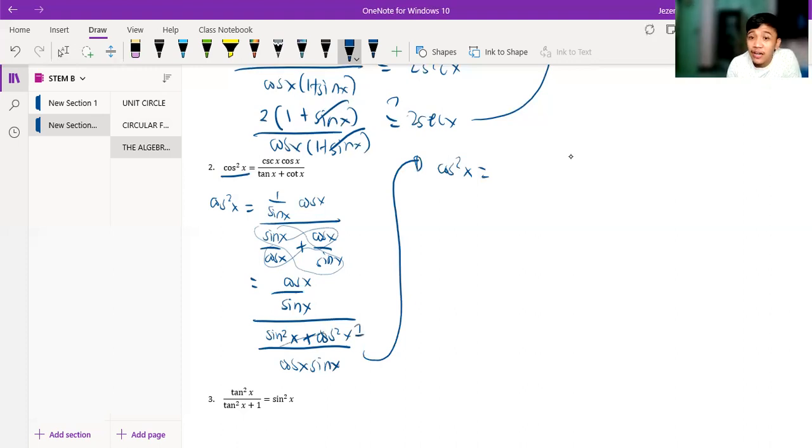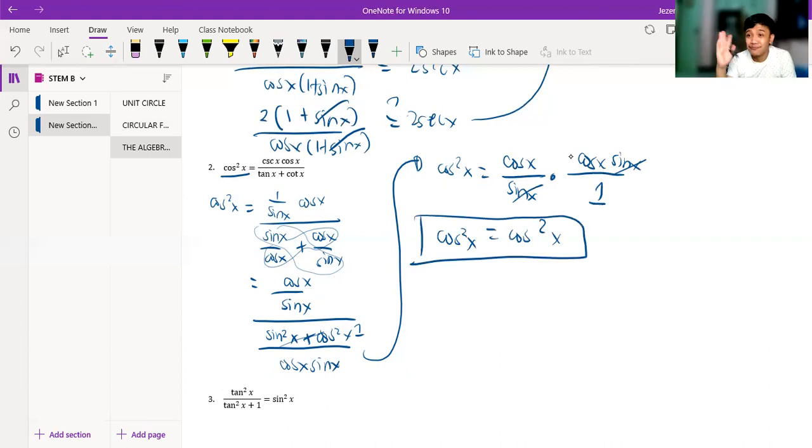And then, cosine x sine x times yung reciprocal ng denominator, which is cosine x over sine x over 1. So, cancel natin siya. So, cosine x times cosine x is equal to cosine squared x. And that's it. Walang kahirap-hirap. Okay? So, yun lang ating identity.